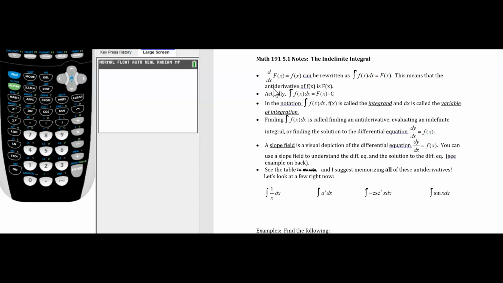Okay, so some notation. Before, whenever we computed a derivative, we would say the derivative of a function would be f prime of x. Well, we're actually going to continue to see that notation, but we also start to see some other notation, because when we were doing the derivative of a function, we knew that we were starting with our function f, and we therefore said the derivative of f would be f prime.